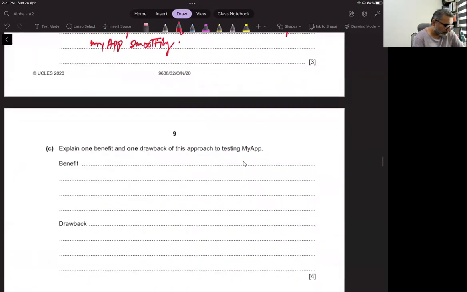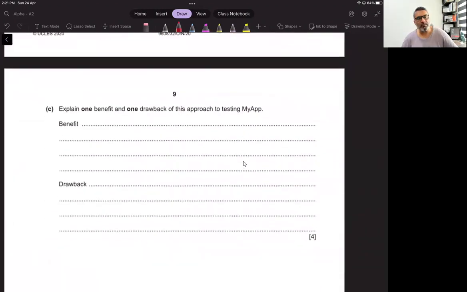All right. Explain one benefit and one drawback of this approach to testing My App. Benefit: you don't have to buy different hardware.